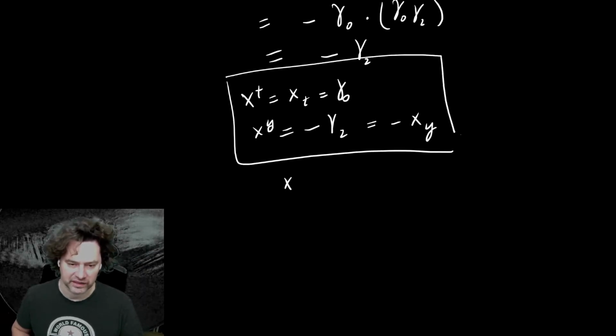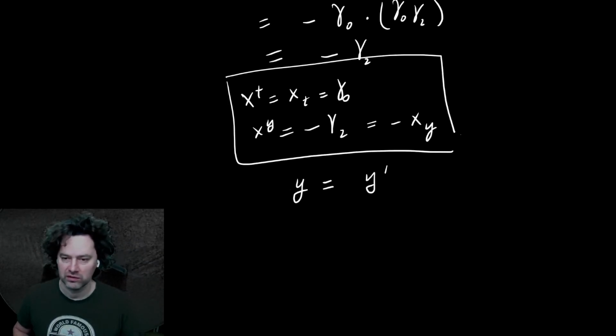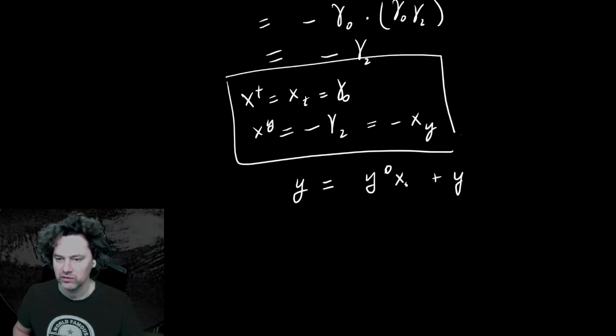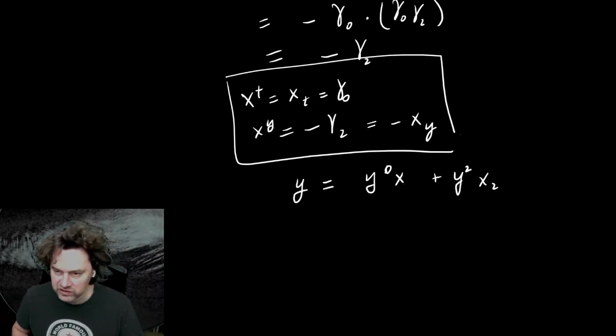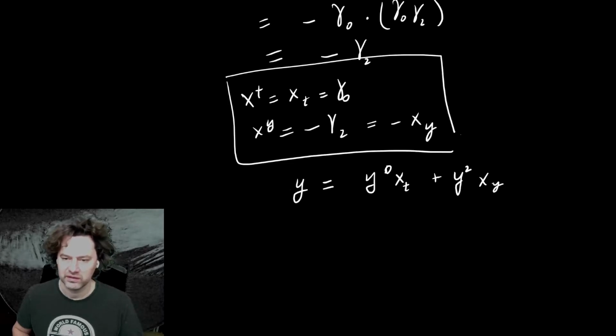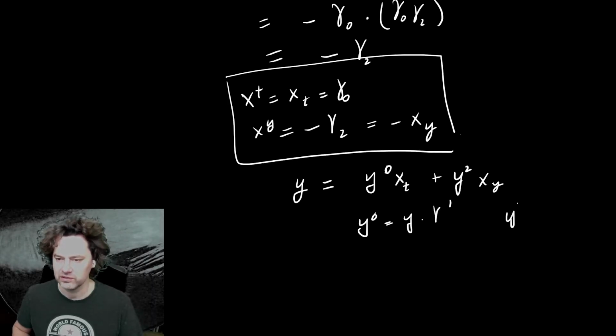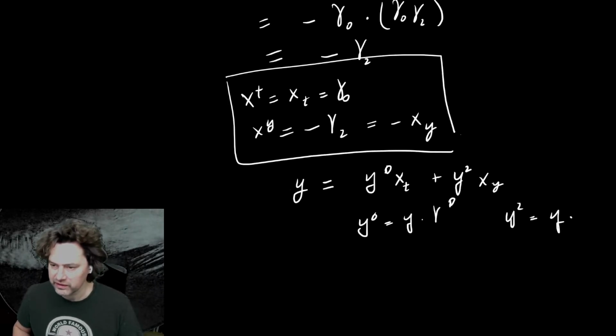Sure enough, if we go back and compute some arbitrary vector now, so if we have y equals y^0 x_0 plus y^2 x_2, mixing up symbols, so that's x_t, x_y, then we would find that y^0 is y dotted with gamma naught and y^2 is y dotted with gamma 2.